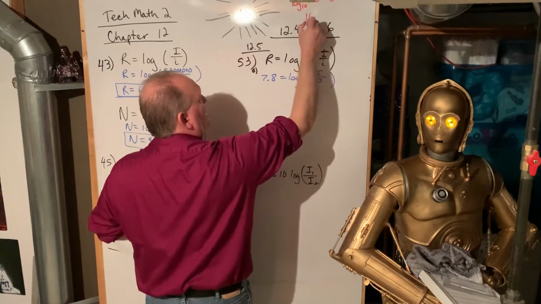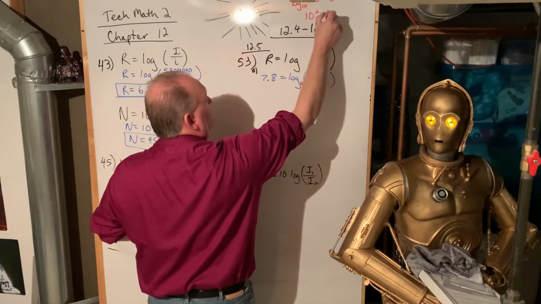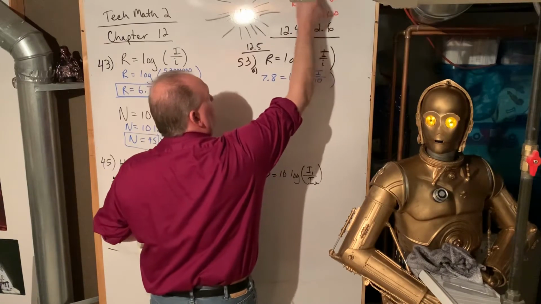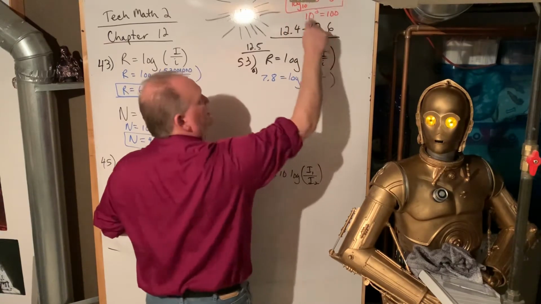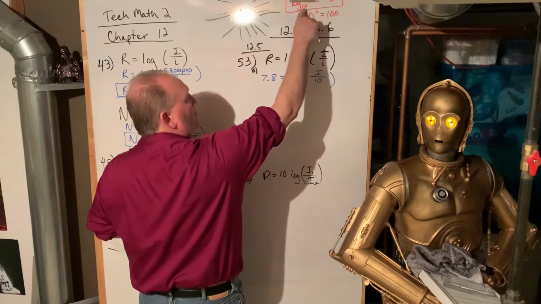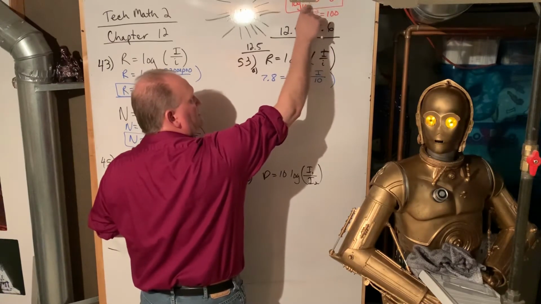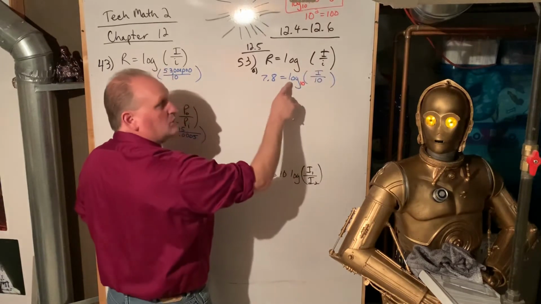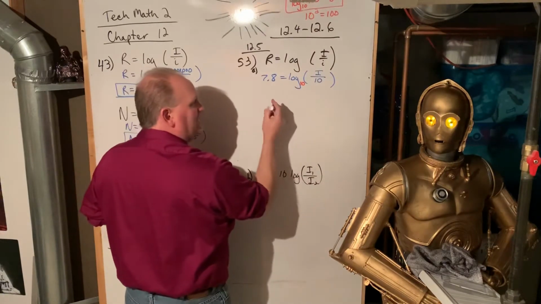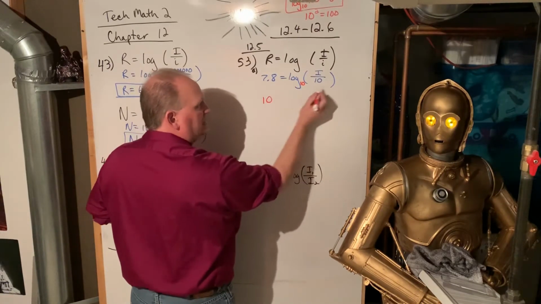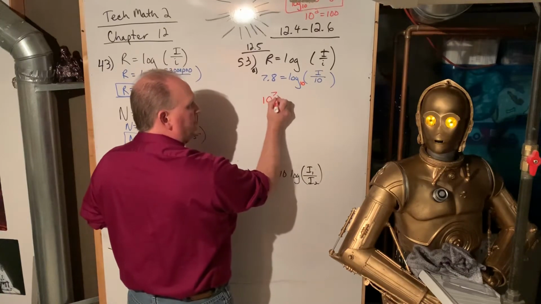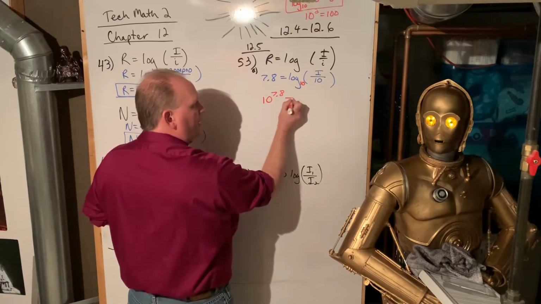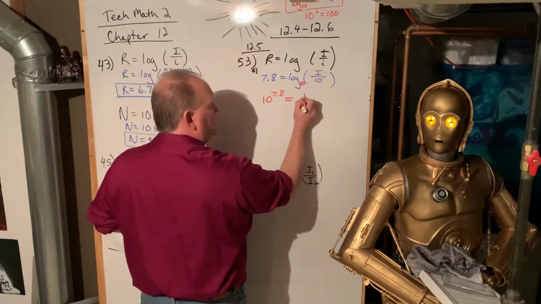That means 10 to the second power is equal to 100. Logs are just a fancy way of writing exponents. It's whatever this is to what power gives me that. So 10 squared gives me that. So let's rewrite this without the log. So we would say 10, that's the base, to the 7.8 power is equal to the number.